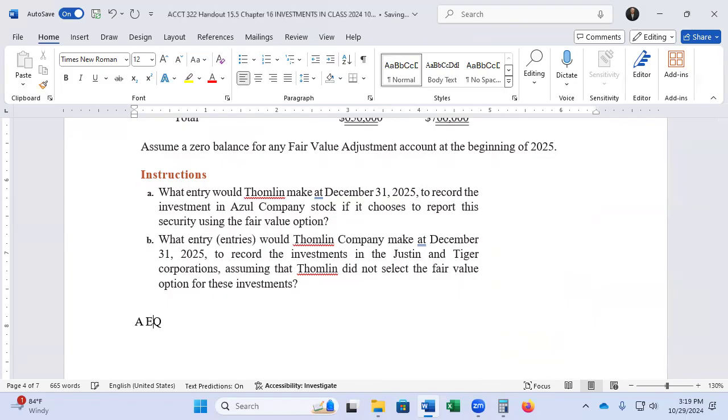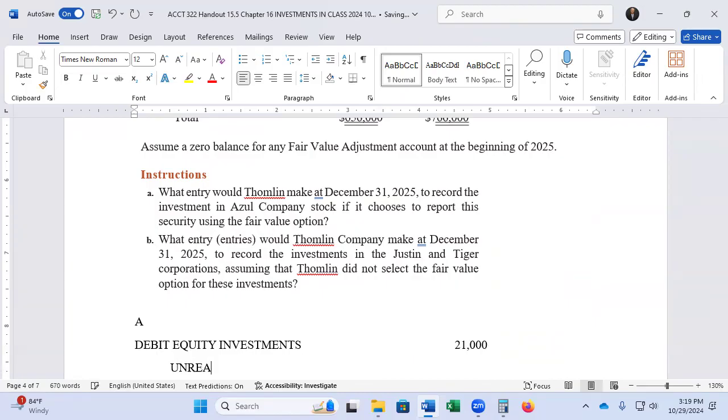So equity investments, that's going to be our debit. And that amount, 21,000, is going to be the difference.